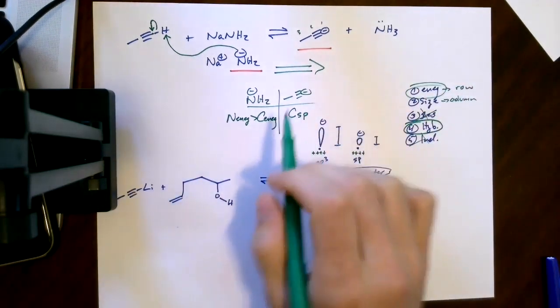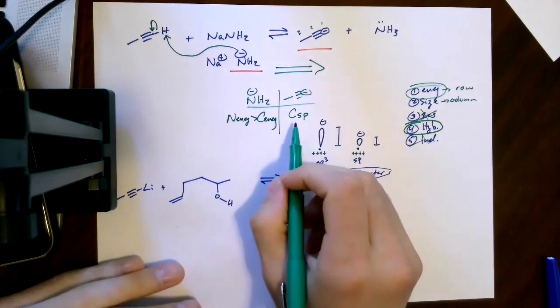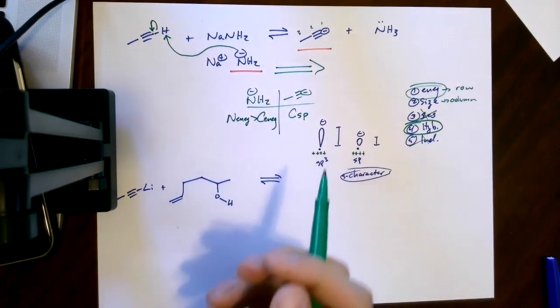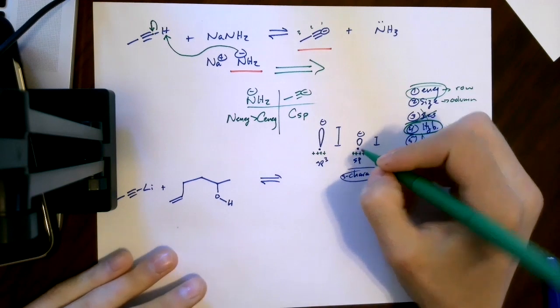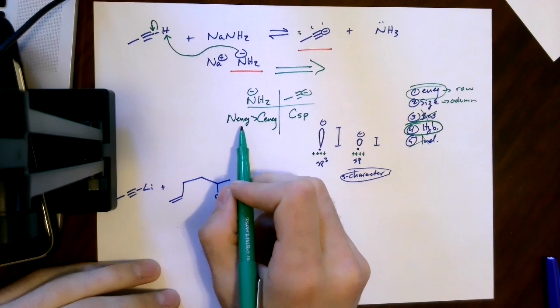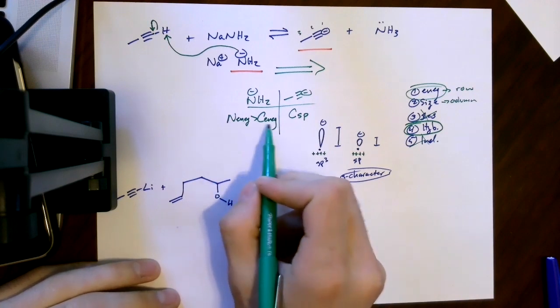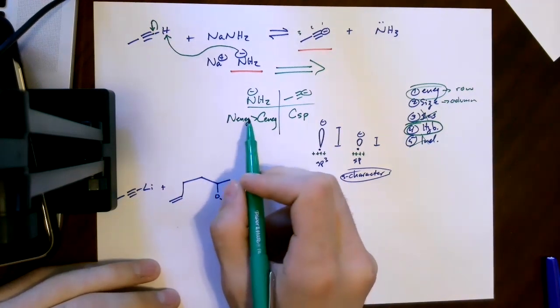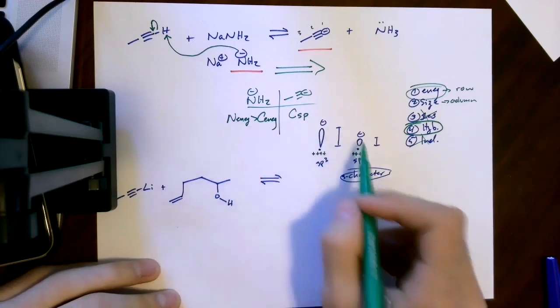Nitrogen, more electronegative, carbon, carbanion, gross. But the sp characteristic of hybridization, bringing that charge down to the nucleus, is actually more substantial than nitrogen's electronegative characteristic. And that's because nitrogen, while it is more electronegative than carbon, it's not that much more, to the point where it outweighs the hybridization.